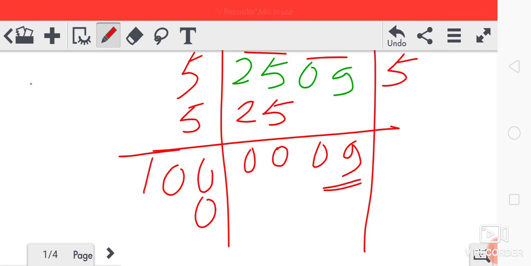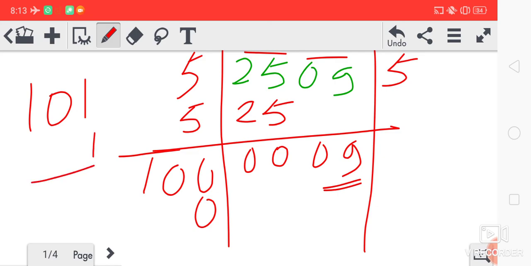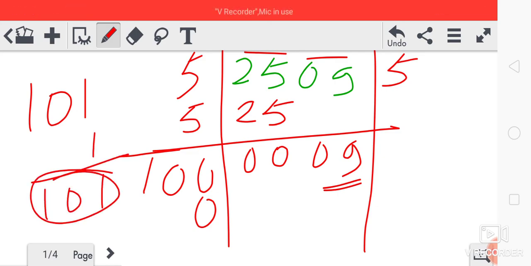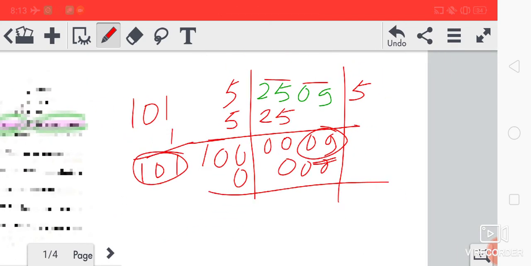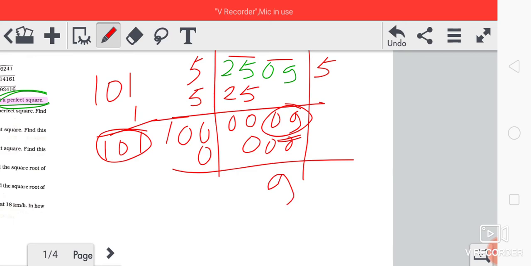If we take 1 time only, 10 is there, and 1 time only, we'll get 101, which will be more than 9. So we cannot take 1 time, so less than 1 time we'll take. So 0 times we'll take. 0 0 0 we will get. Okay, so 9 minus 0 will get here 9, and here 0 we have taken.